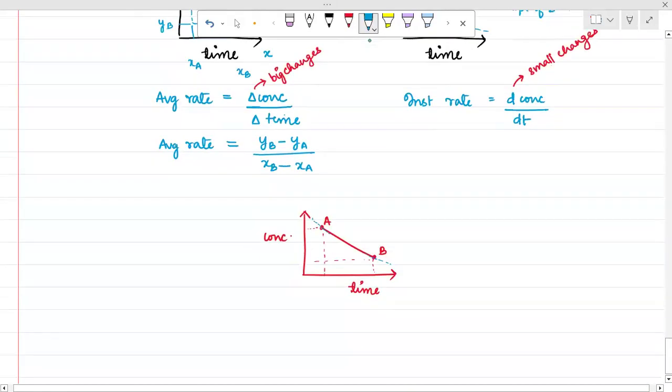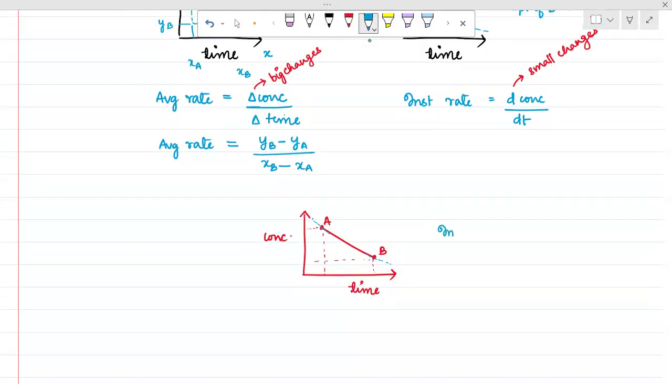But this is linear and the tangent will overlap with the line connecting A and B. And in this case, instantaneous rate at A is equal to the instantaneous rate at B, and hence option C is correct only in this particular case where there is a linear decrease of concentration versus time. Got it? Okay.